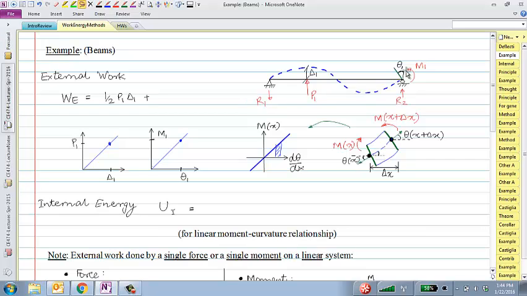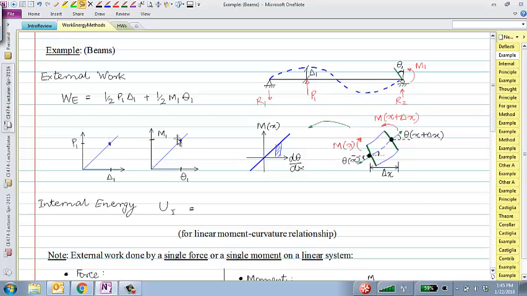That's right. So just like force times distance is work, moment times rotation is also work. Right? So half times M1 times theta 1, that's the external work done by this P1 and M1 if they are both applied simultaneously and slowly.